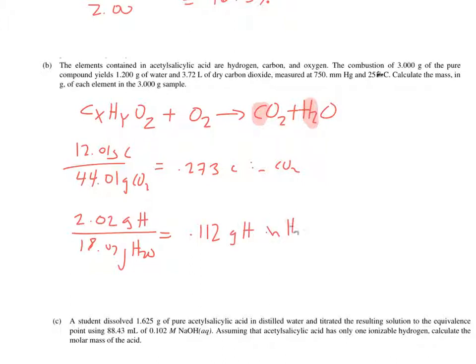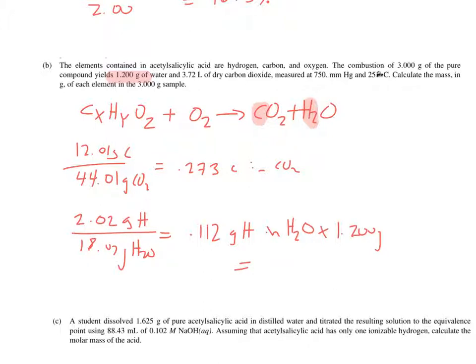So if you break that down in percent or leave it in decimal, grams of H in H2O. Now, in the problem it says that it yields 1.2 grams of water. So of that 1.2 grams of water, 0.112 is hydrogen. So multiply those two together and you'll figure out how many grams of hydrogen are in water.